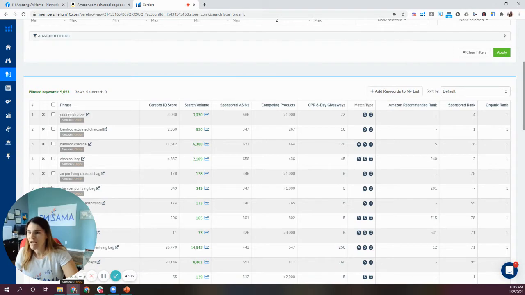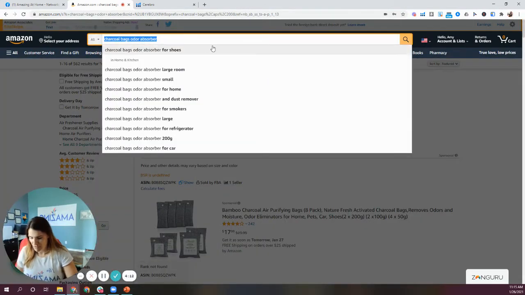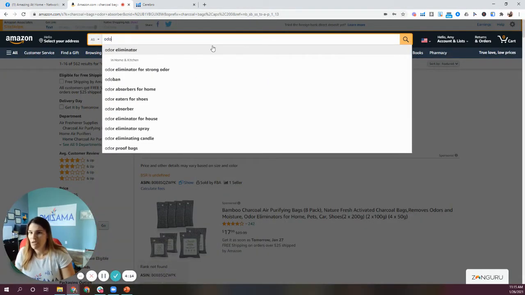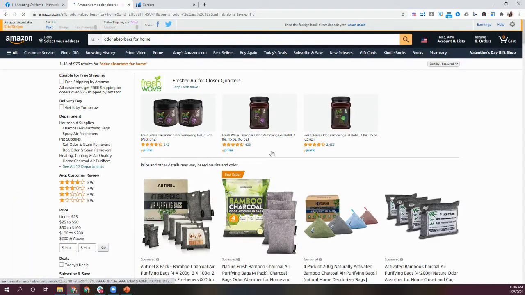Let's see what else we can find under odor. So what we can do is we can use Amazon's lovely search bar and we can put in odor. So we see odor eliminator for strong odor, odor absorbers for the home. Perfect. That's good. Let's see what we have.